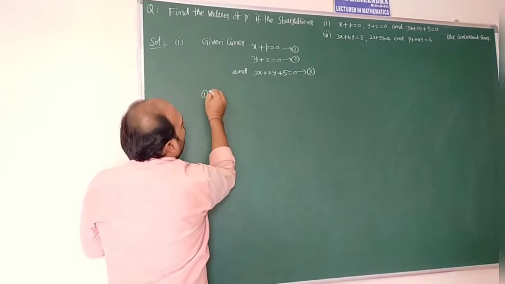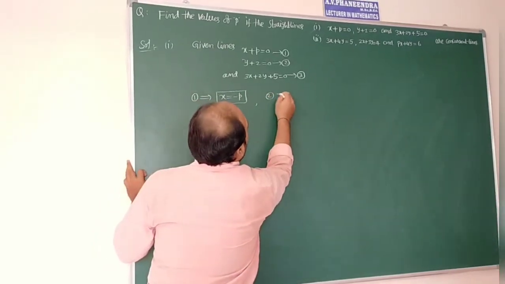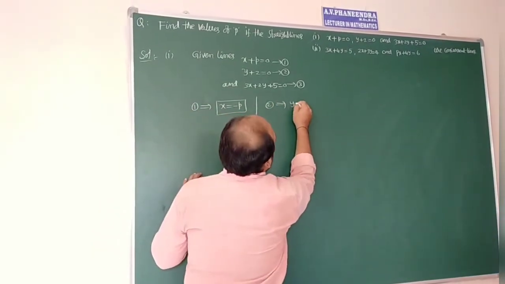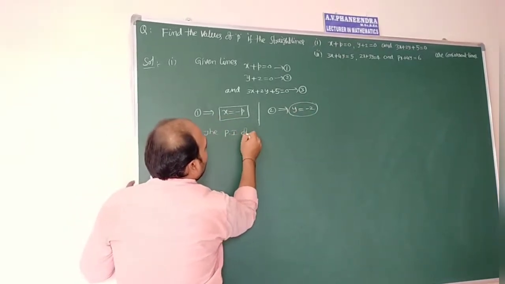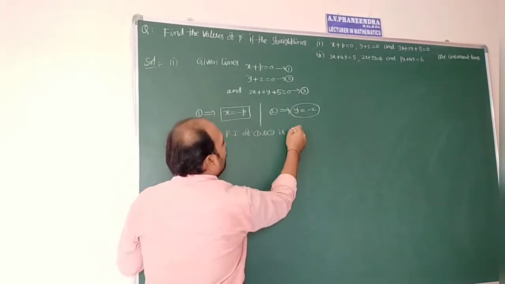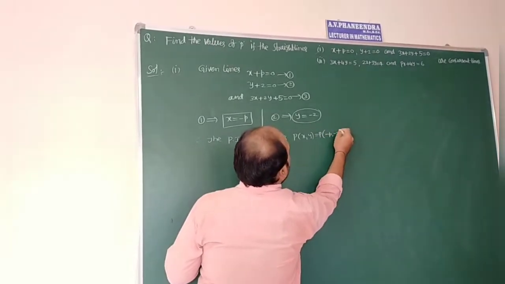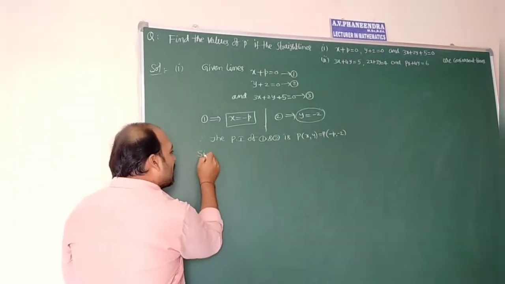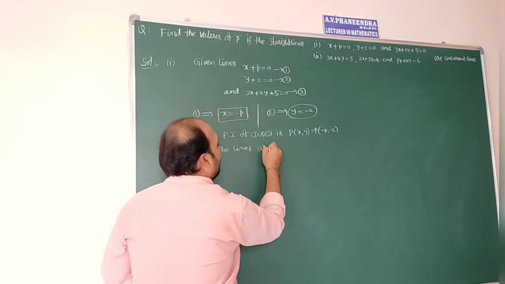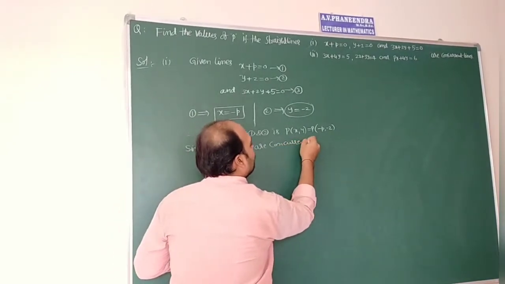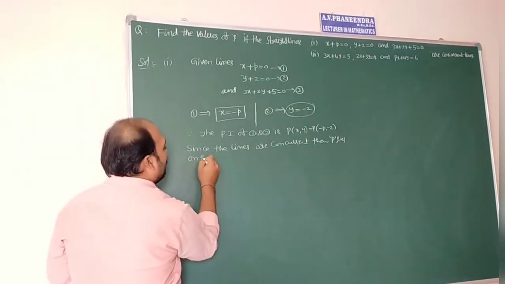So equation 1 implies that x is equal to minus p. Equation 2 implies that y is equal to minus 2. Therefore, the point of intersection of 1 and 2 is P(x, y) equal to P(minus p, minus 2). Since the lines are concurrent, P lies on equation 3.